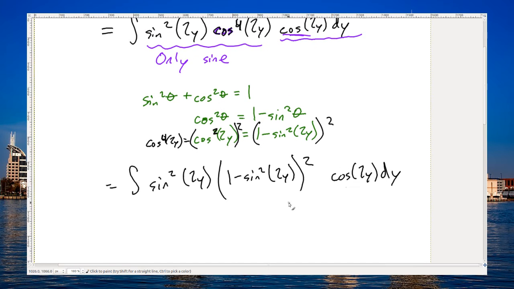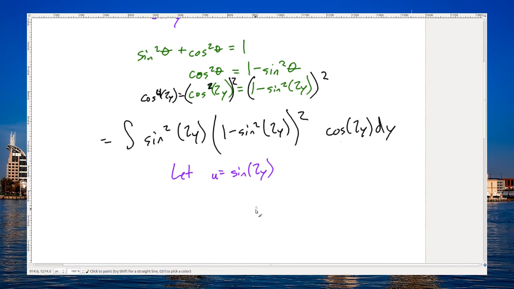All right, so now that I'm here, what's the deal? Well, I need to do the opposite of what I did last time. Last time, I let u equal cosine. Here, I'm going to let u equal sine. Well, it needs to be of 2y, though, because that's what this problem deals with.